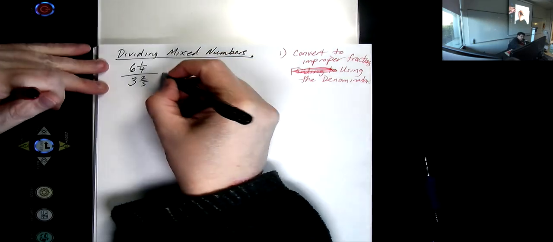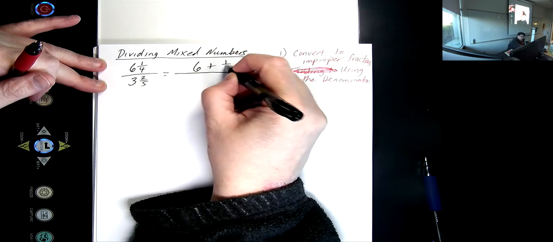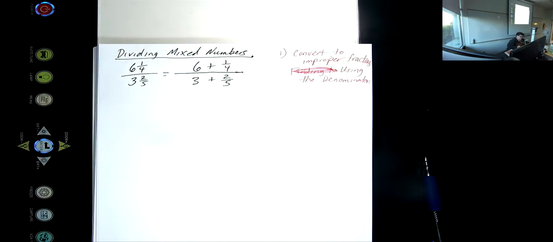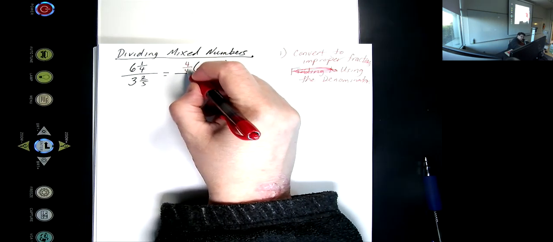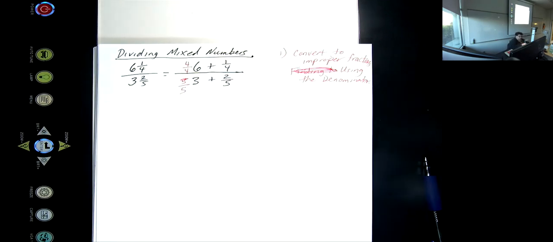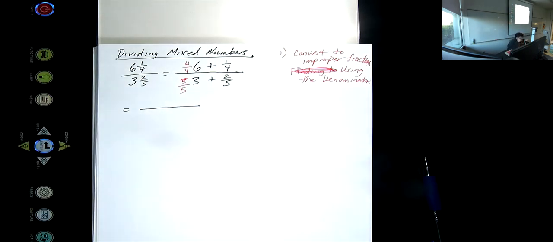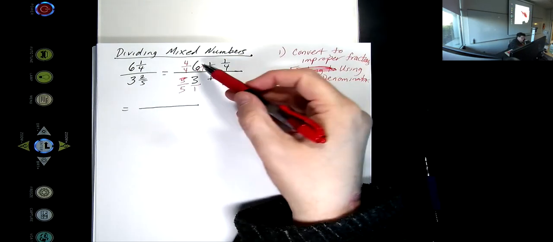So what I mean by that is, remember, this is 6 plus 1/4, and this is 3 plus 2/5. To get the top all into one number, I'm going to multiply the 6 by 4/4, and I'm going to multiply the 3 by 5/5. Six is really like 6/1, and 3 is really like 3/1, so we can multiply those together.